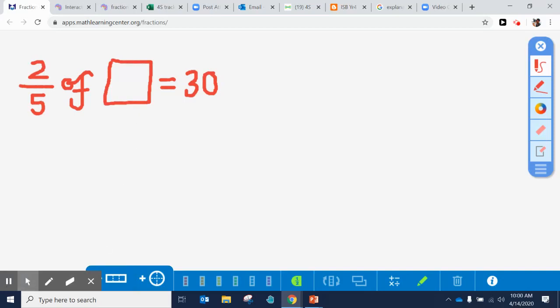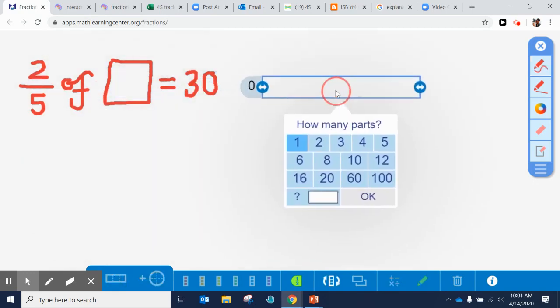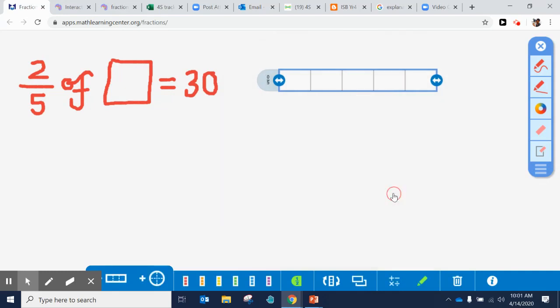This problem is now a little bit harder. 2/5 of something equals 30. So notice our numerator is bigger than 1 now. So like everything, let's draw it. I need to split it into fifths. And 2 of those fifths are 30.